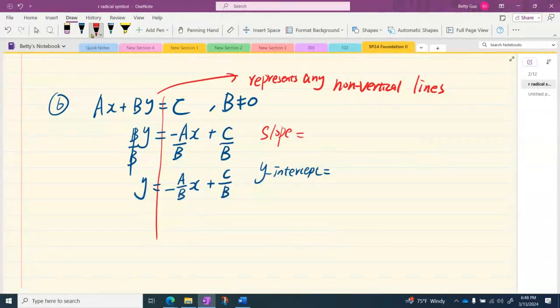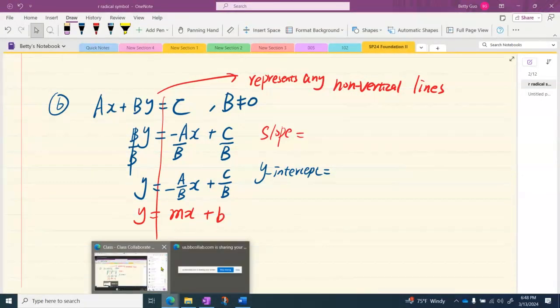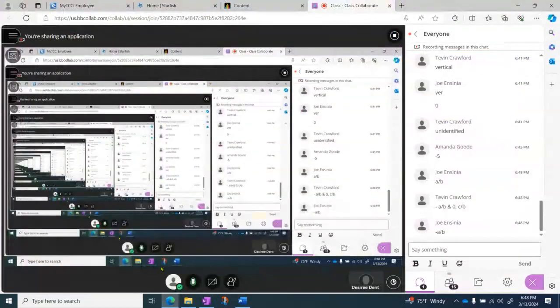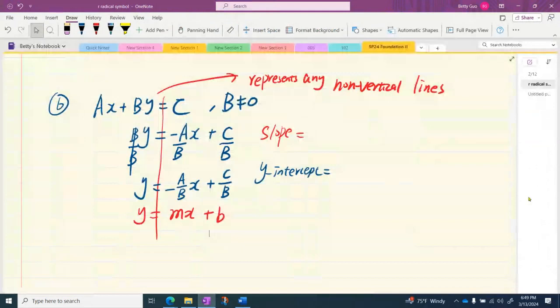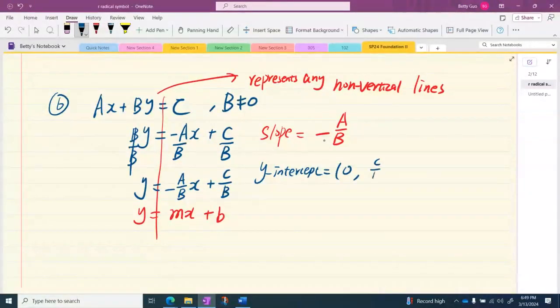Let me write a formula under, then you can compare. Slope is negative a over b. Very good. Awesome, thank you, Joe. And Tevin have both correct. So the slope is negative a over b. And the y-intercept is 0, comma c over b.